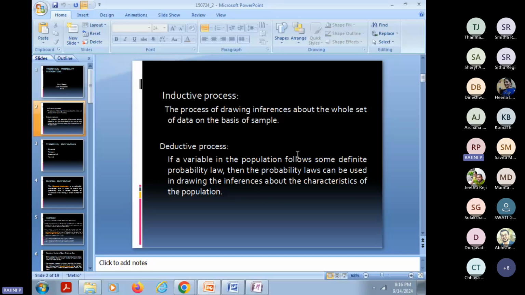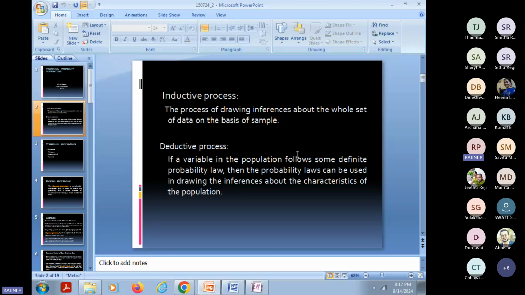In the data, the particular variable follows some distribution, based on some probability. You will be finding the chance of getting some outcome. Then in that case, we go for the deductive process. That means through the probability distribution, you are giving the inference about the population.